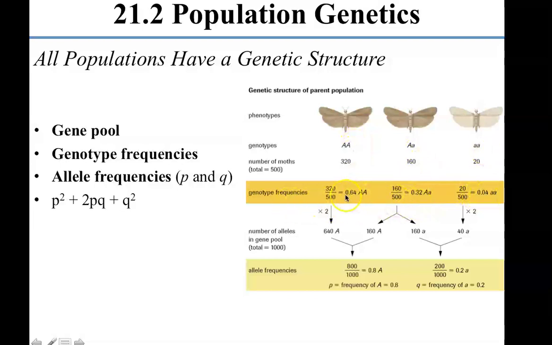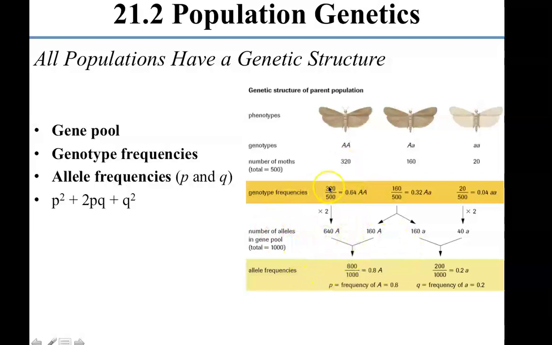Those genotype frequencies are just calculated by looking at what genotypes are represented in your population and dividing them up into proportions. We can do the same with allele frequencies. With allele frequencies, it's very similar to genotype frequencies, except we're looking at the frequencies of individual alleles.